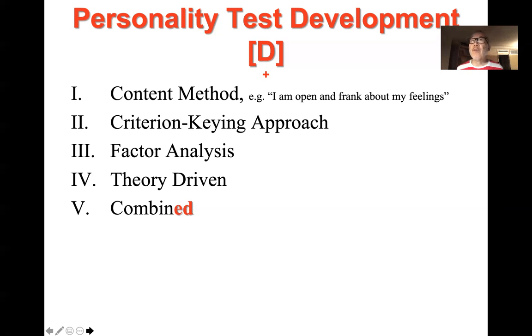That there are certain factors like being introverted, extroverted, conscientious, or open. That these types of personality traits exist, and that there are certain behaviors associated with them, like being intuitive as opposed to being analytical.